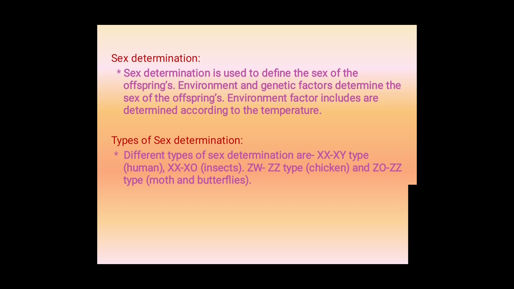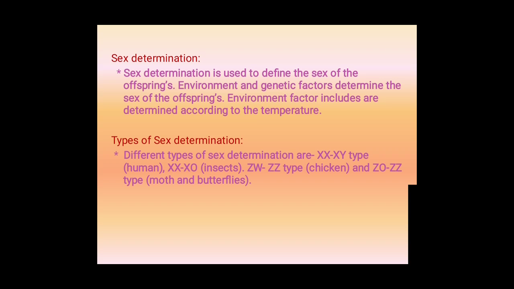Next, come to types of sex determination. Different types of sex determination are there. For example, XX, XY, that is only in the case of human beings. XX refers to the female, XY refers to the male character of the offspring. Next, XX and XO in the case of insects.